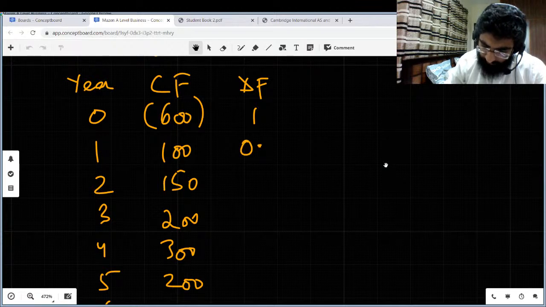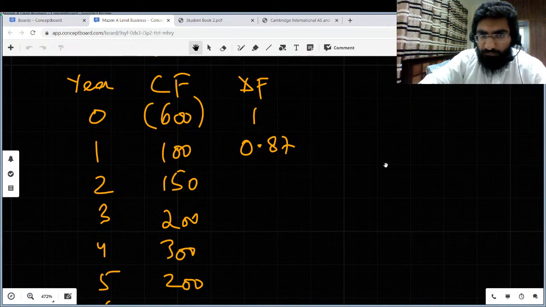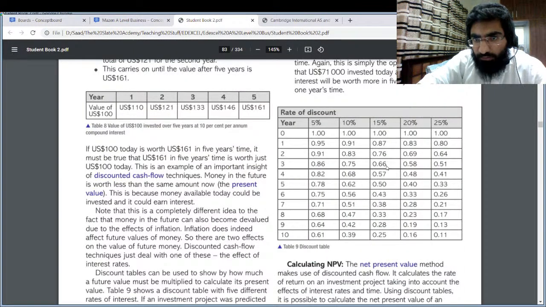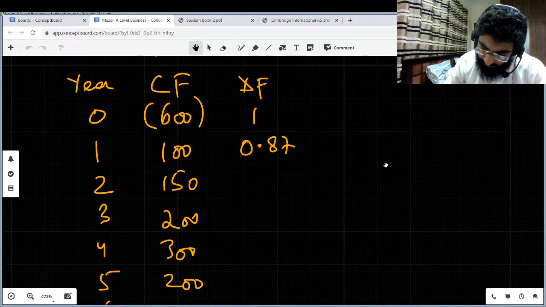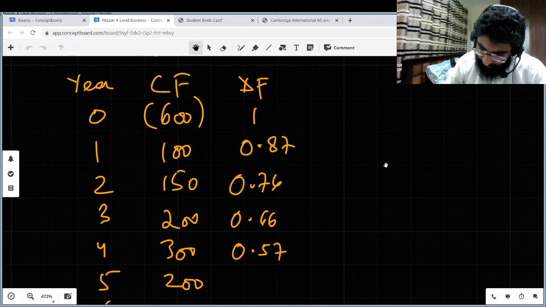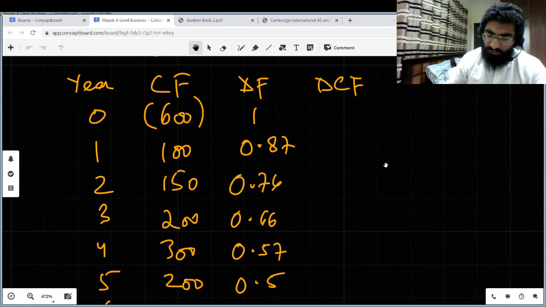Then 0.76. Then 0.66. Then 0.57. Then 0.5. And then 0.43. So now to calculate the discounted cash flow, DCF, I simply multiply the cash flow with the discount factor.